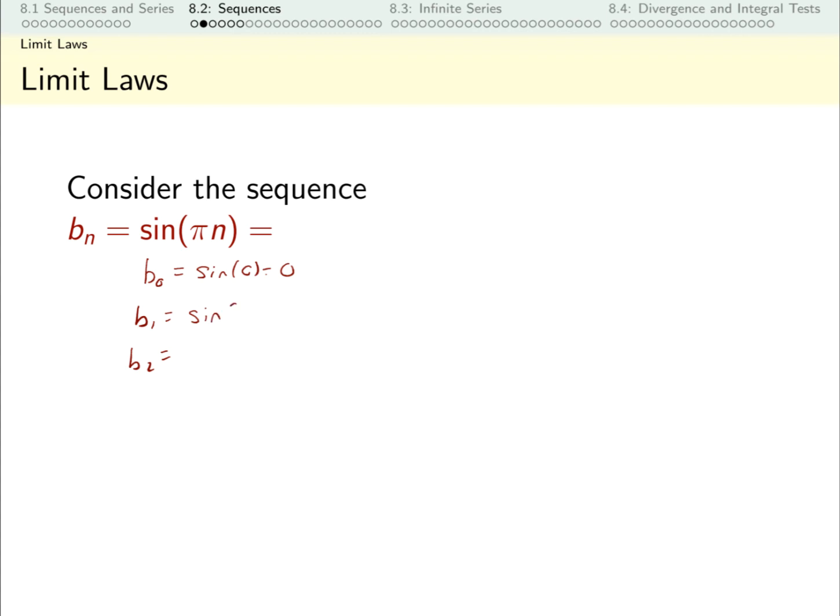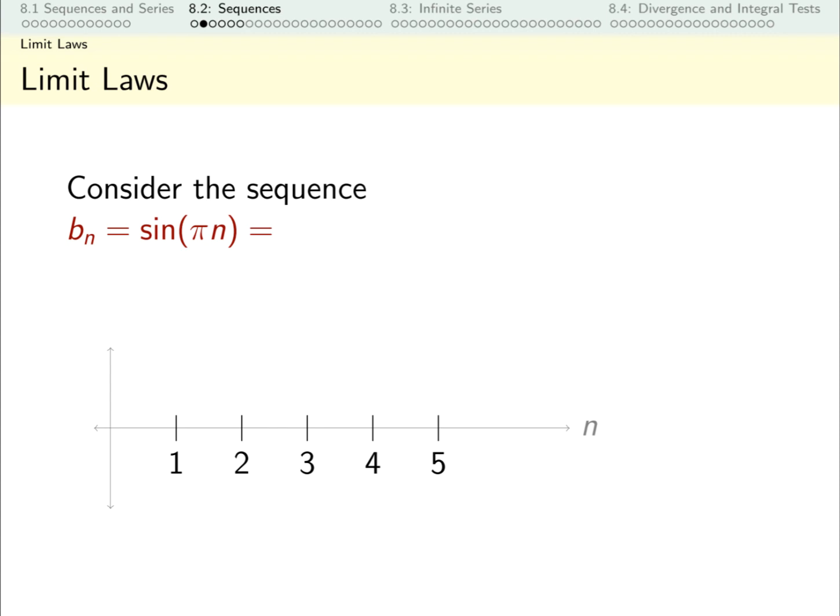B sub 1 is sine of pi, which is 0. B sub 2 is sine of 2 pi, which is still 0. So actually this sequence is just the list of numbers 0, 0, 0, 0, 0, 0. If I wanted to sketch it, B1, B2, B3, B4, B5.